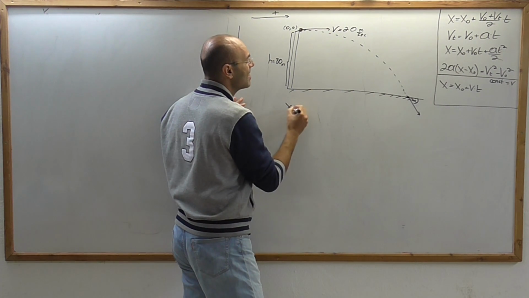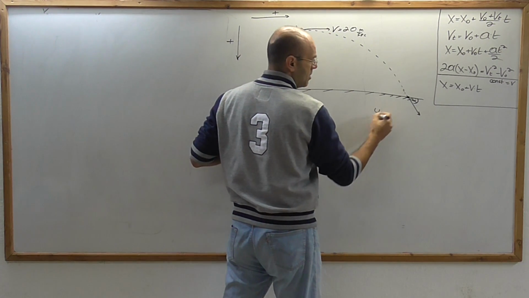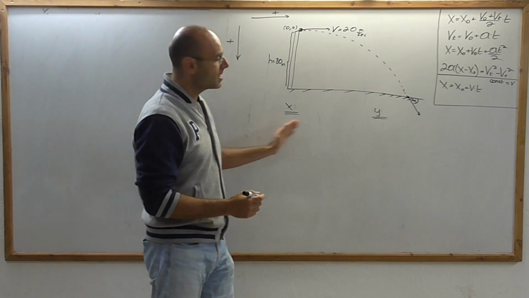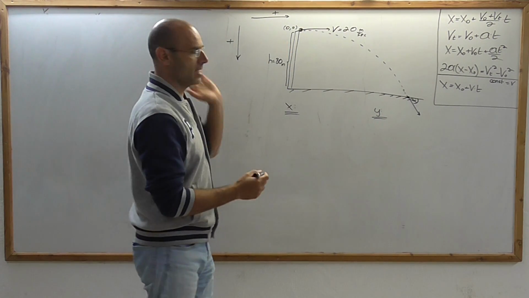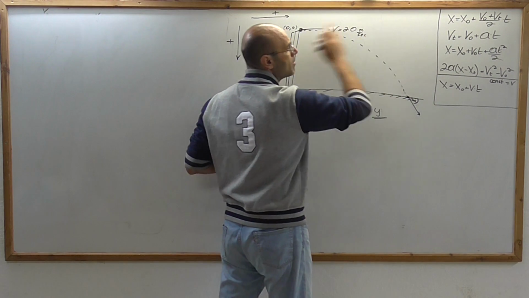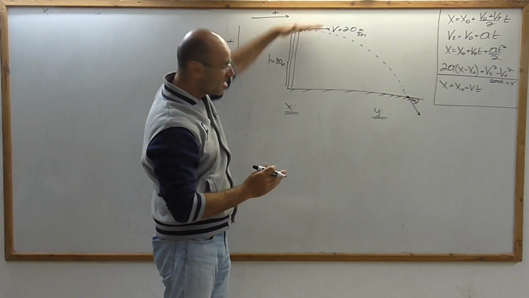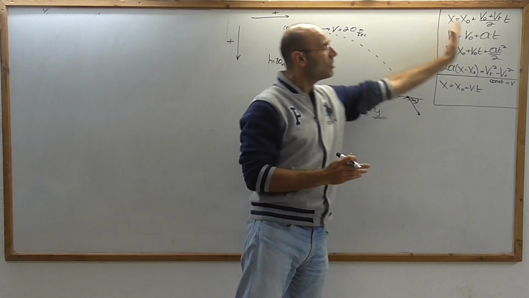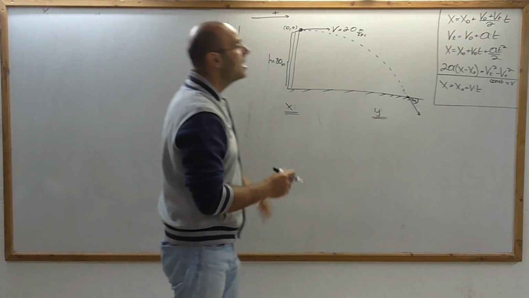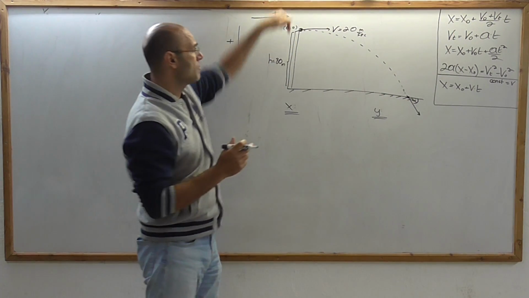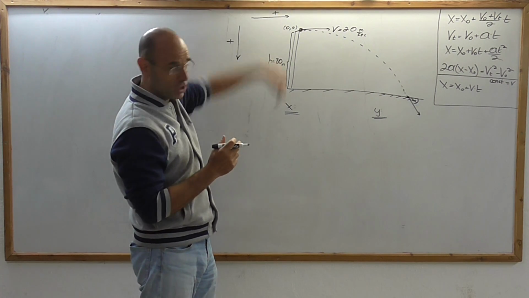So, how do I deal with it? First of all, I write the data for the X-axis and the Y-axis. Let's start with the X-axis. We know that the ball is going, forget that it goes down, just imagine it goes only to the right. There are no forces on the ball because the force is only downwards, mg of course.